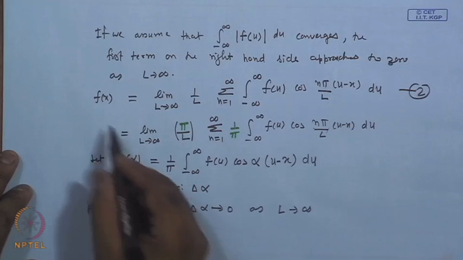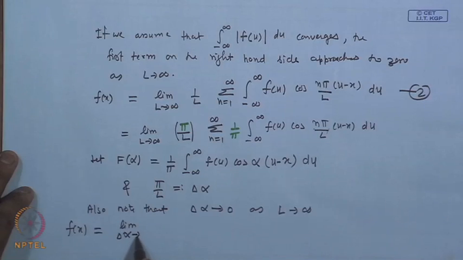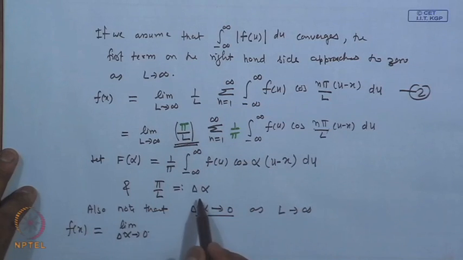So, what f(x) do we get now? f(x) is the limit as L goes to infinity, which is now the limit as Δα goes to 0, where π over L is Δα.